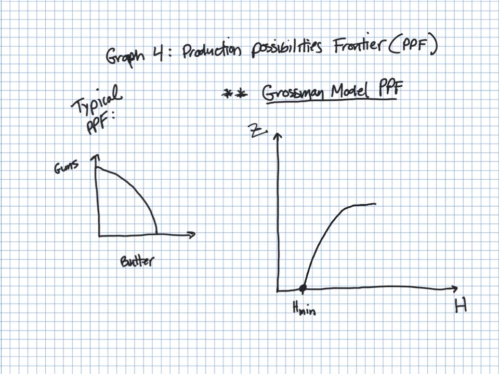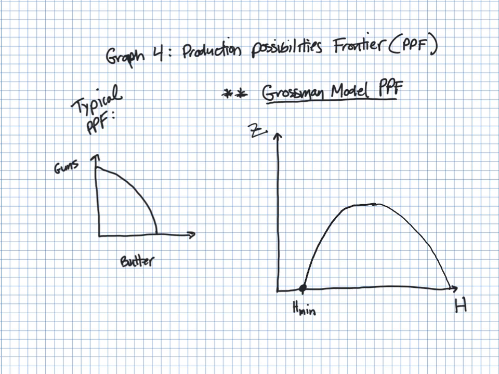Because there are diminishing returns to producing H, though, the curve starts to flatten out at the top. Then it actually gets to the point where we could spend so much time producing H with so few benefits to doing so that we're going to have less time left over for producing the home good Z. So we can talk about producing even more H, but that's going to require a trade-off, right? We produce more H until the point where that's all we're doing.